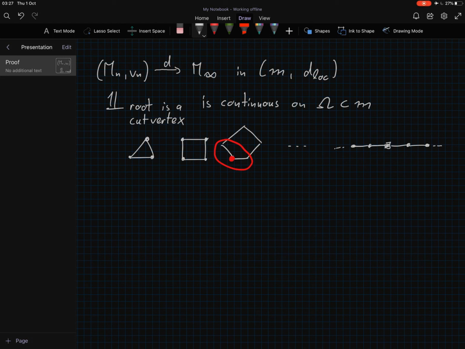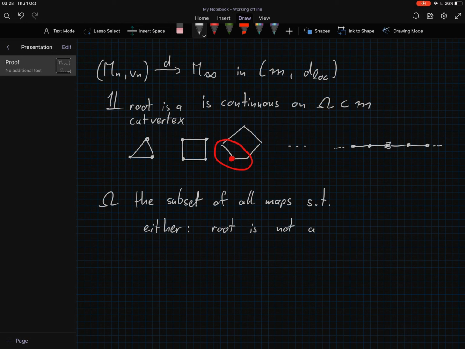So this indicator variable is not continuous on the entire collection, but it is continuous on a subset. So what is this subset? Subset omega of all maps such that either the root is not a cut vertex, or the root is a cut vertex and deleting it creates a finite component.